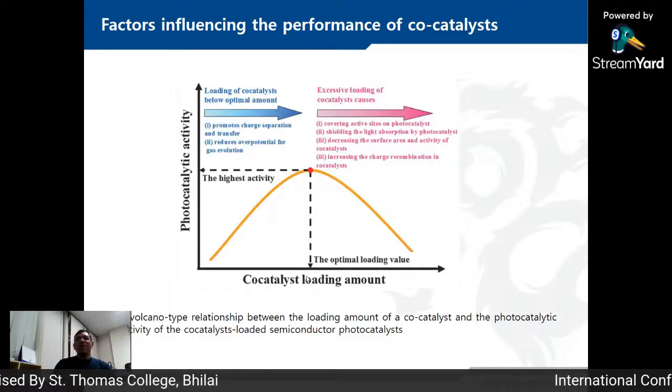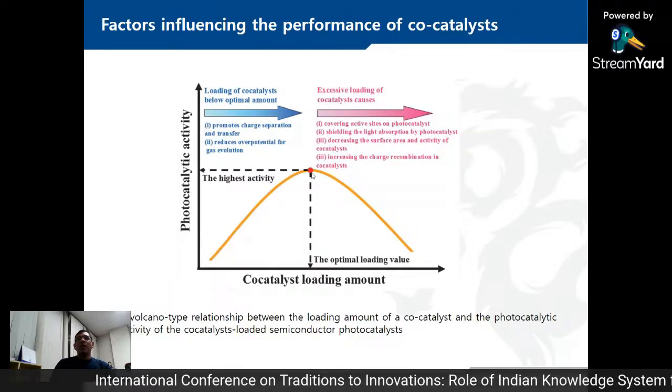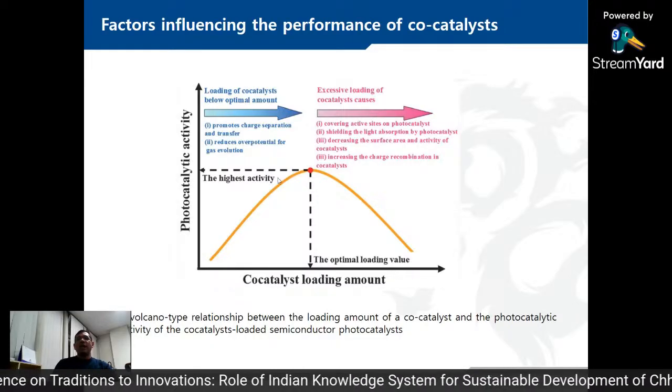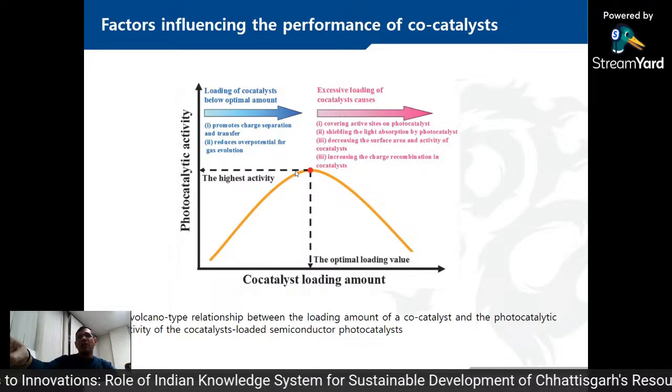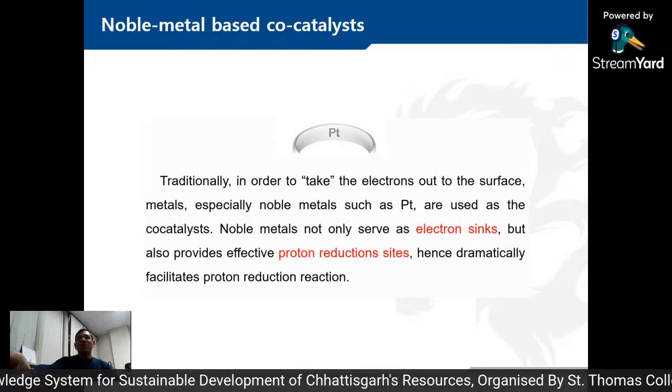So you have to find the optimized loading of the co-catalyst which can generate the highest photocatalytic activity, in the sense of hydrogen evolution. So this is the platinum which we usually use.